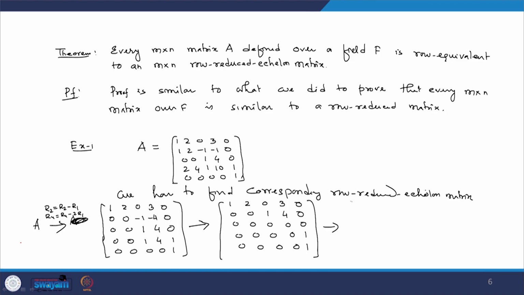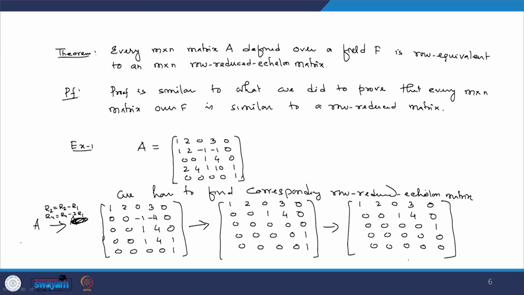So, one more step is required, I think, that is 1, 2, 0, 3, 0 and 0, 0, 1, 4, 0. Since all the non-zero rows must be above the 0 rows, let me exchange to the third row. So, it will be 0, 0, 0, 0, 1 and the fifth row, if I subtract the third row from that, then I will have 0, 0, 0, 0, 0. So, this is the final form, please.